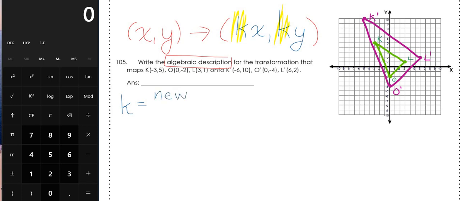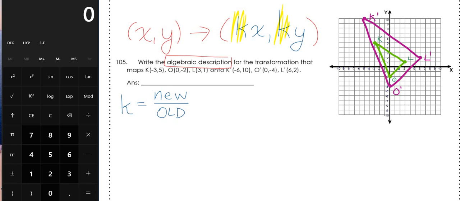New over old. We could talk about the new and old lengths. We can talk about the new and old distances to the center of dilation. But if you have coordinates and you do know that you need to come up with K, the easiest way is to use the coordinates. So let's take a look.